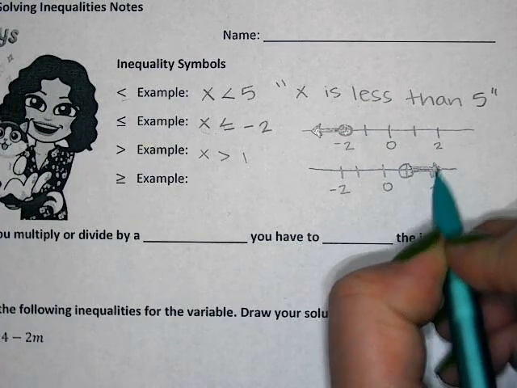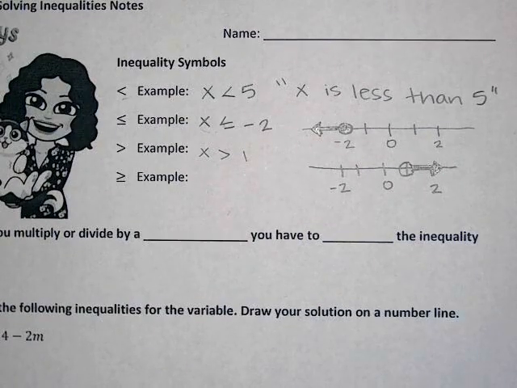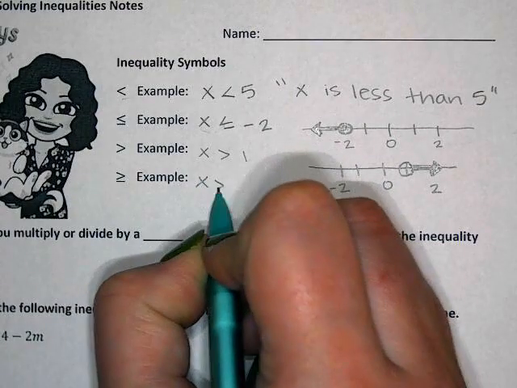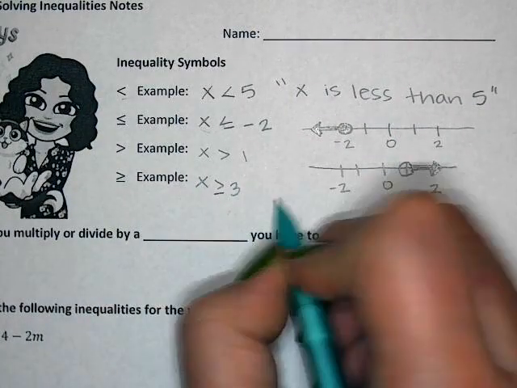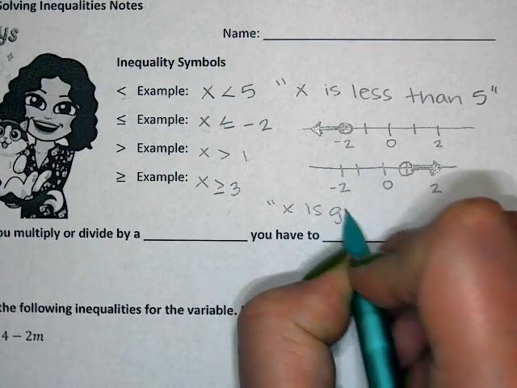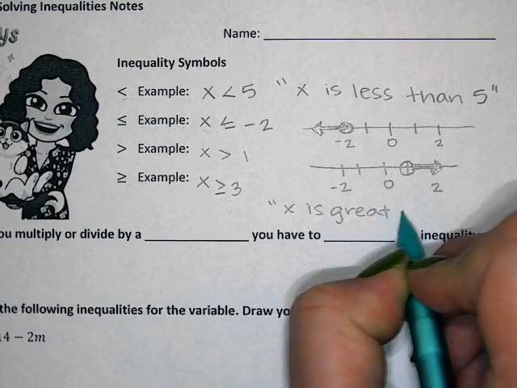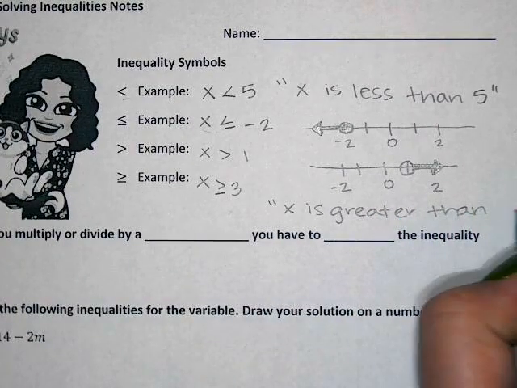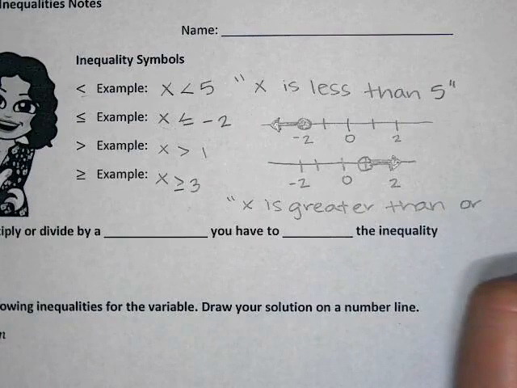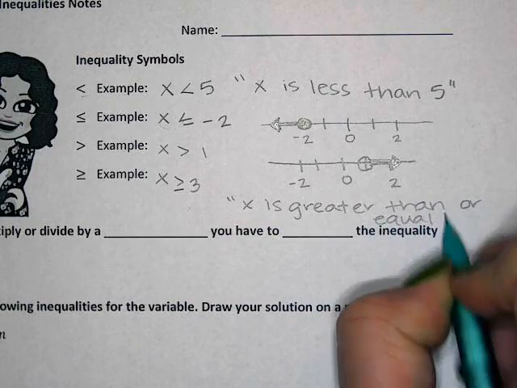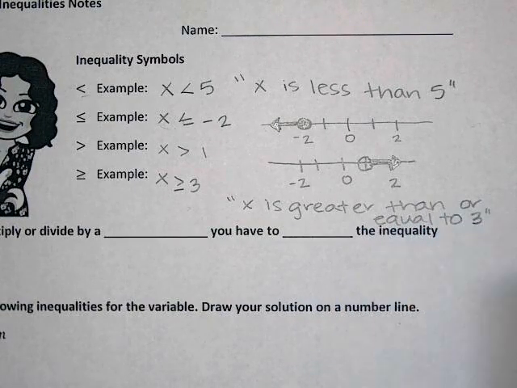It would look like this. And then last, greater than or equal to: x is greater than or equal to 3.